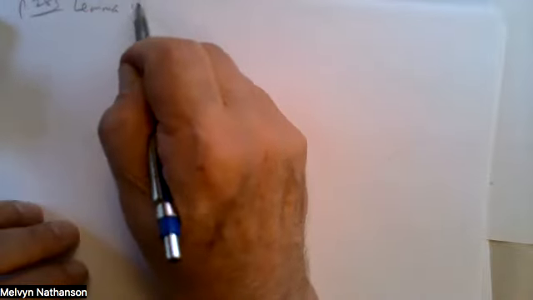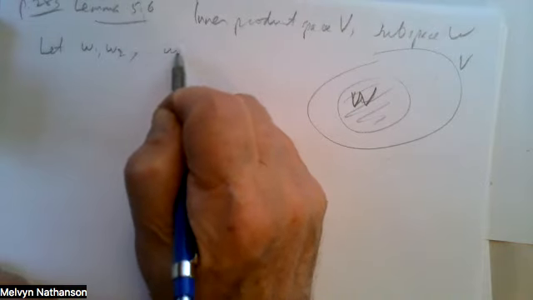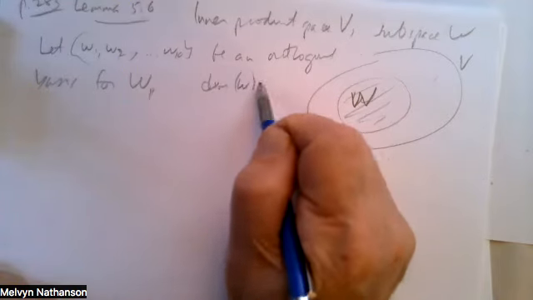Lemma 5.6. So we have an inner product space, a vector space V with an inner product, and a subspace W. Here's V, and sitting inside V, we have a subspace W. Suppose W1, W2 up to WK is an orthogonal basis for W. That is, the dimension of W is K, and I have a basis for the subspace W which is orthogonal.